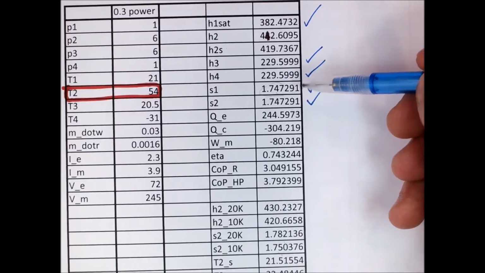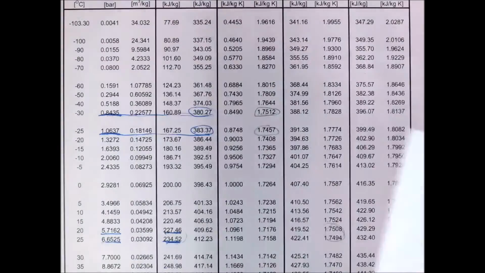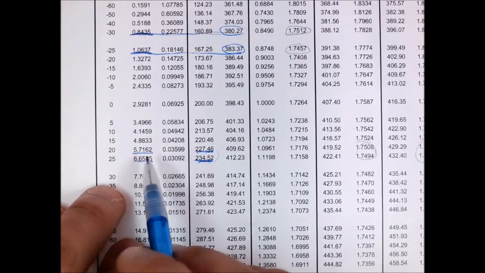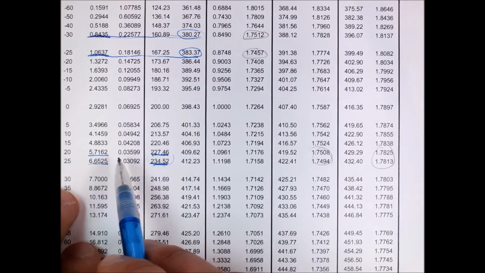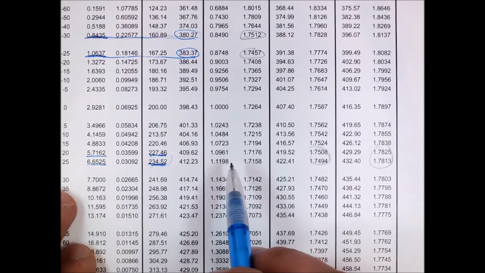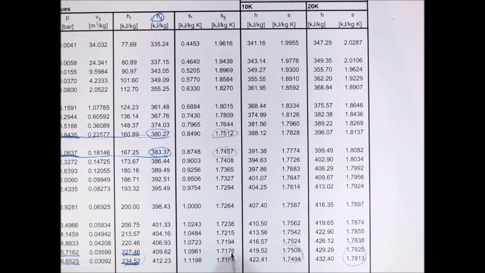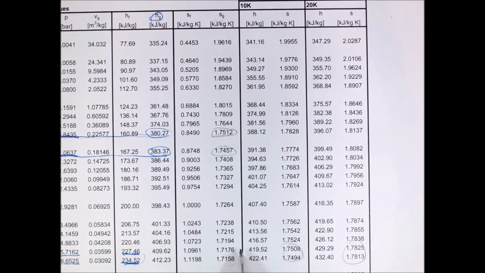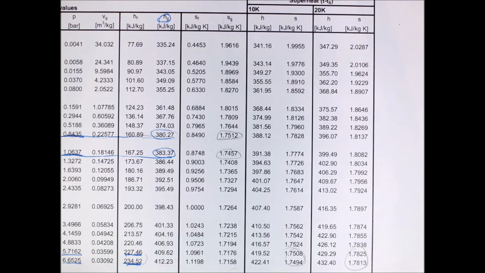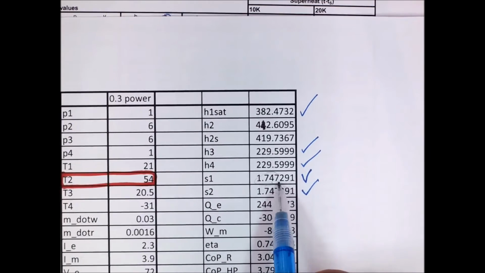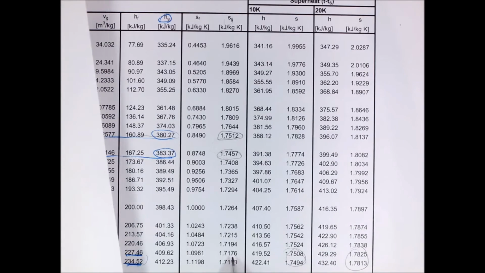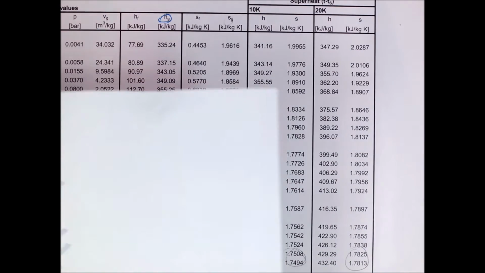Now if we try to calculate the entropy after the compressor as if it was saturated gas, judging from this column, we obtain something between 1.717 and 1.758. So from the real numbers we can conclude that this is quite a long way off from the true value.